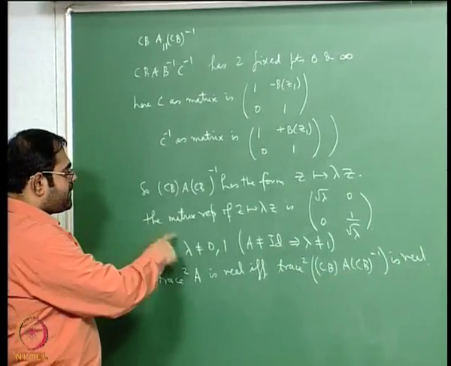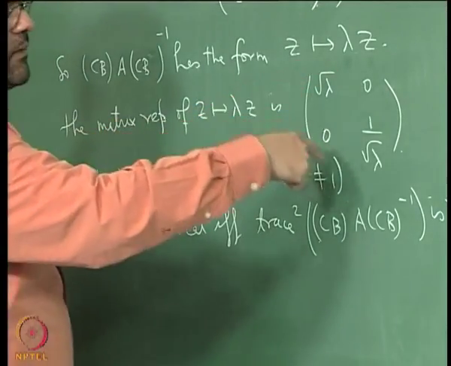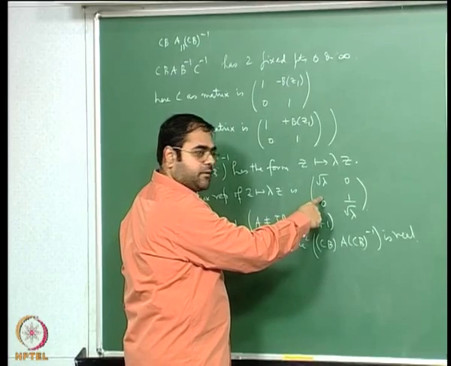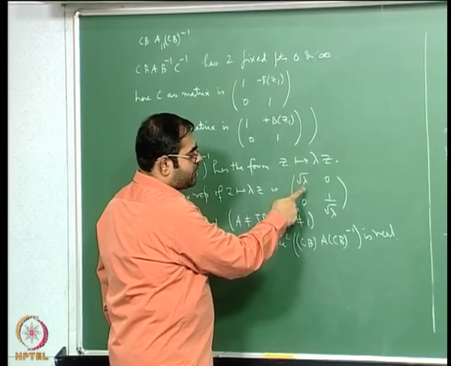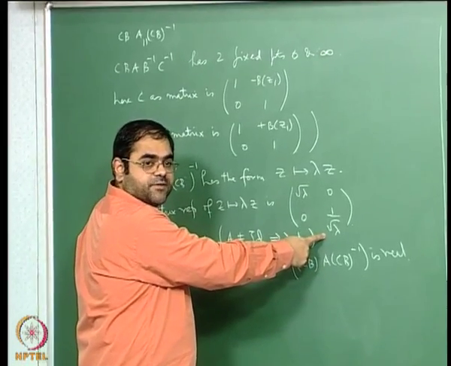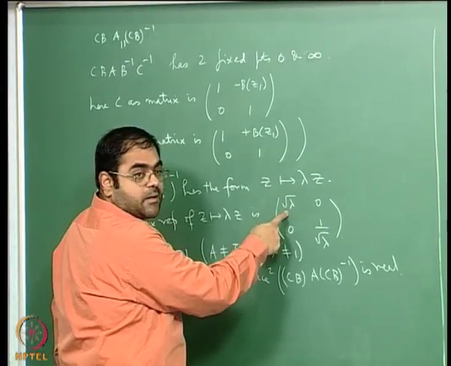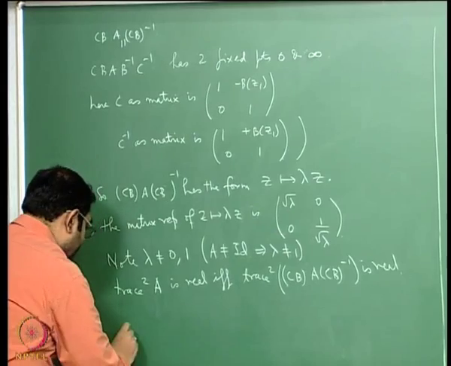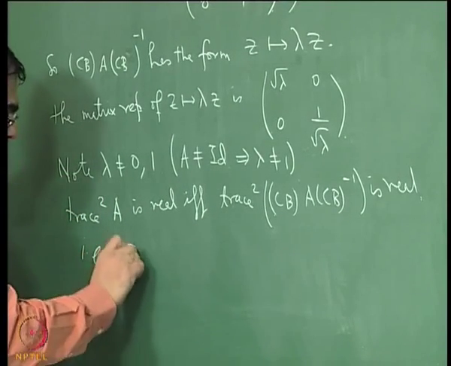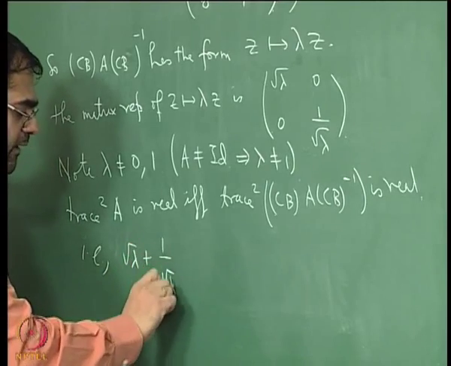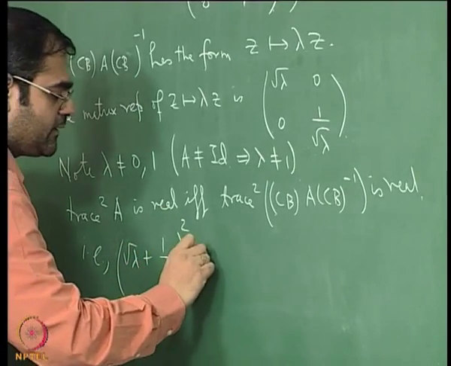But C B A C B inverse, the matrix is this. And what is the trace? It is root lambda plus 1 by root lambda, that is the trace, and the trace squared will be root lambda plus 1 by root lambda the whole square. So that is, root lambda plus 1 by root lambda the whole squared is real.